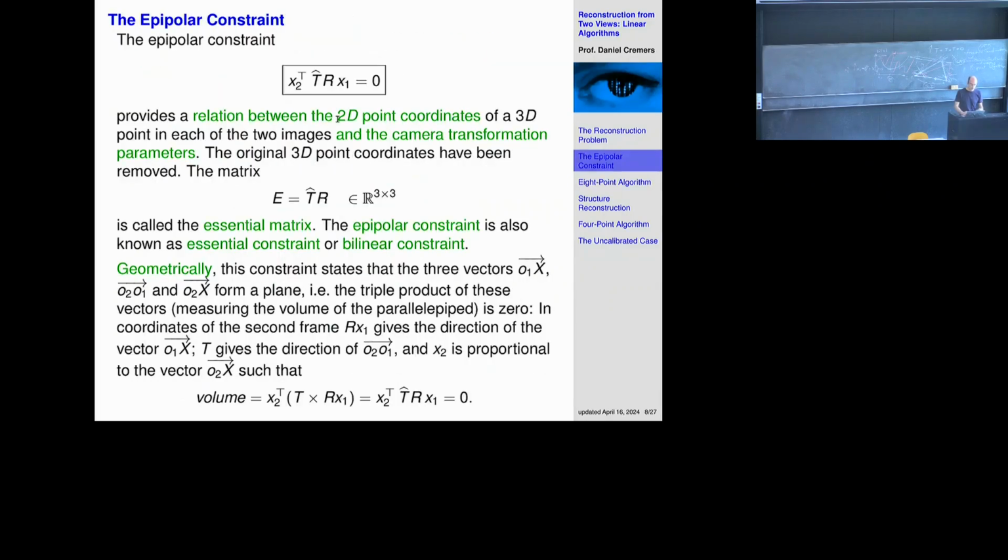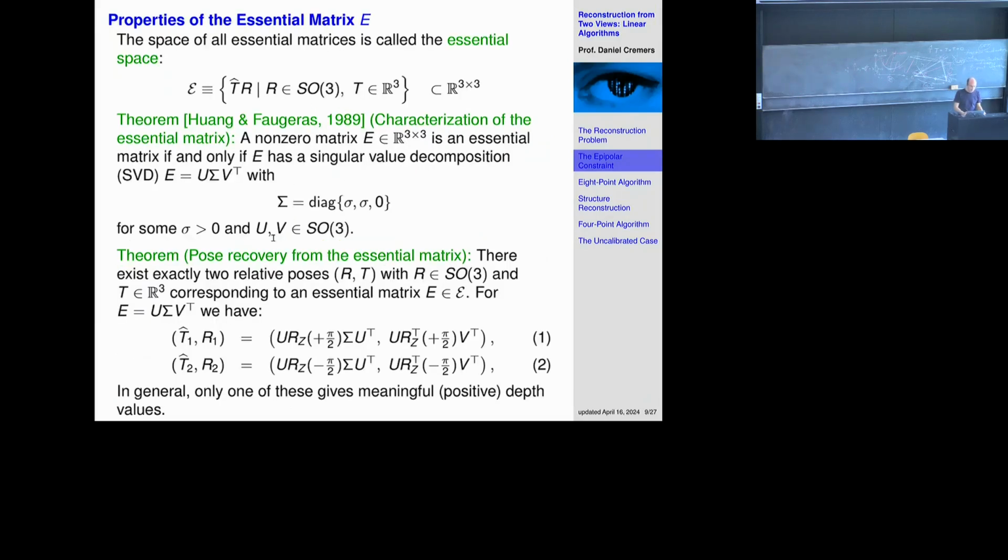You build all these epipolar constraints not for one 3D point, but for a number of them, enough so that you get an essential matrix, T hat R. What you end up getting, this matrix E, numerically will typically not have this exact singular value decomposition.